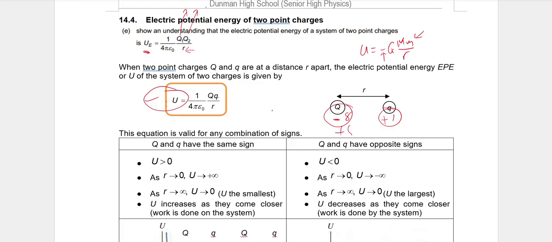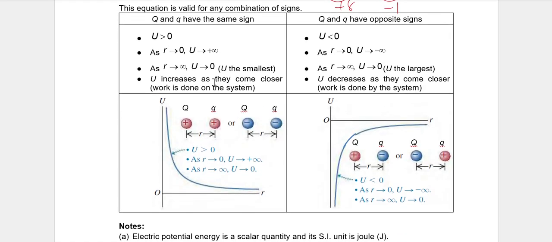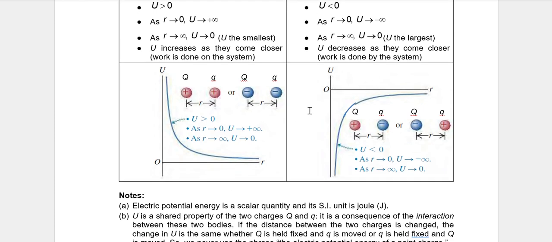Likewise the other way around, plus 8 and minus 1, U will also be negative. So anytime your charges are of opposite sign, potential energy is negative. You can just memorize that for calculation purposes. That's all you need to know. So that's what is being said here. They say it in a bit long-winded way, but it's fine. If you understand this, it's okay, but basically it's what I summarized earlier.